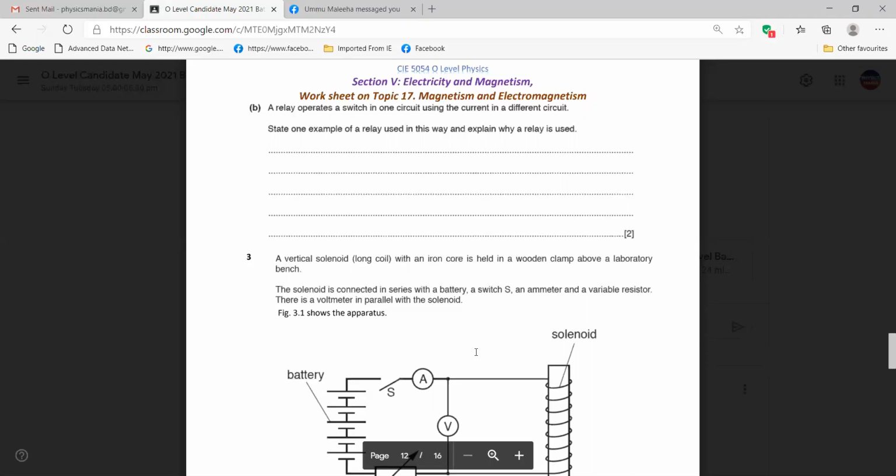So, sir, can we pause here today? Yeah, state one example of a relay used in this way and explain why a relay is used. First thing you give an example, and you will write the reason why it is used there. I'm giving you two examples.